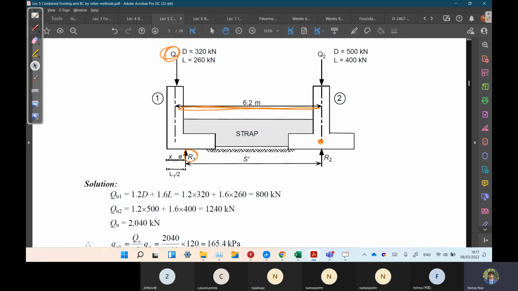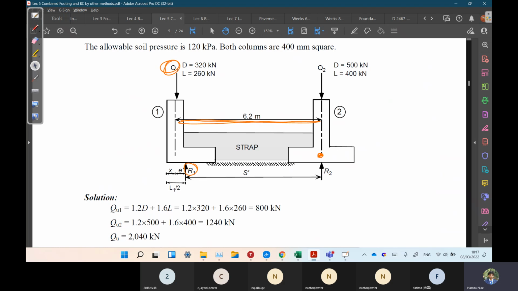We are taking moments at this point 0. We look at this diagram. This is point O. Summation of moments at O is equal to 0. So Q1 times 6.2 minus, it is in the opposite direction, R1 times S bar is equal to 0.